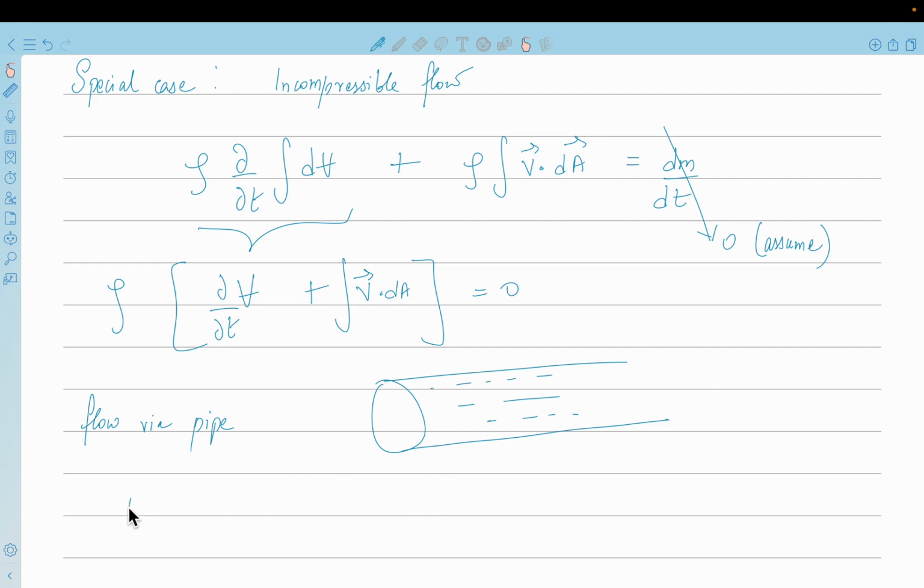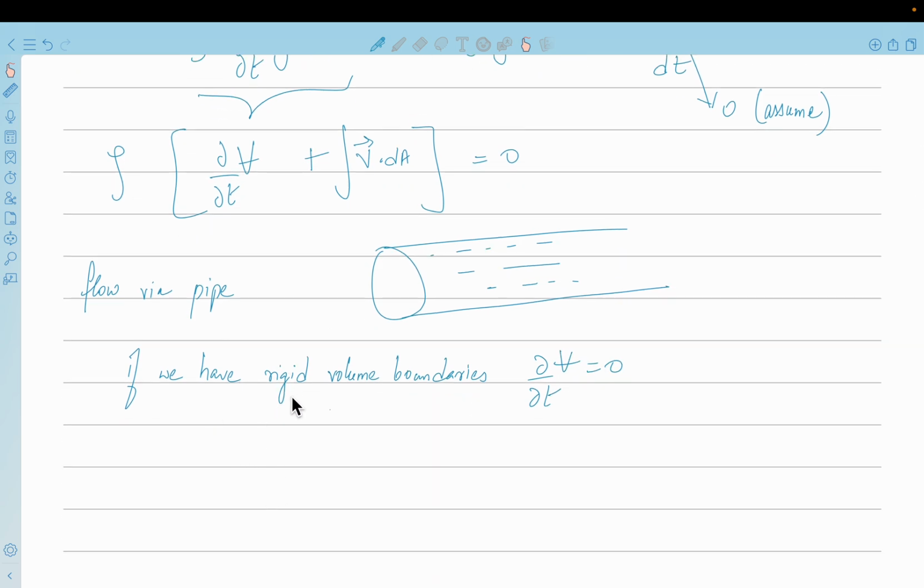So if we have some rigid volume boundaries, then I can say that ∂/∂t of V is also equal to 0. Your control volume, total volume is not changing. So the only term that survives is the integral of V dot dA equal to 0, and this is throughout the control surface.